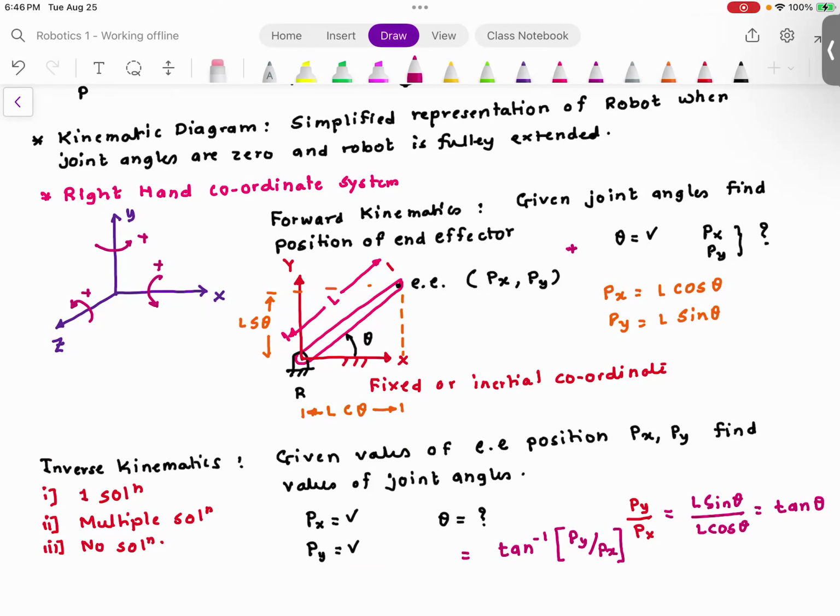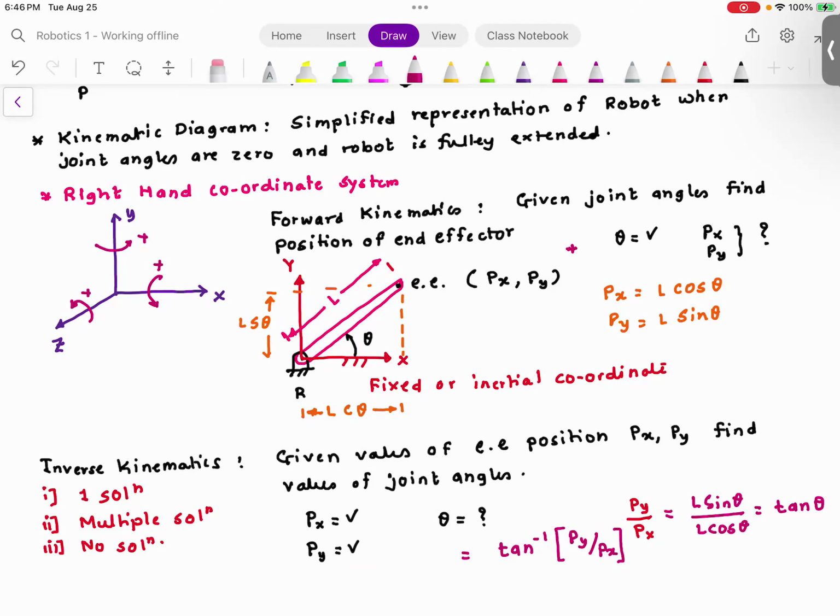Sometimes, because of the robot geometry, certain positions inside the workspace may not be reached. For example, you have an articulated robot, and you are looking at some position which is folded inside. Even though you can visualize that position, physically that position cannot be achieved. So that's kind of a dead zone.